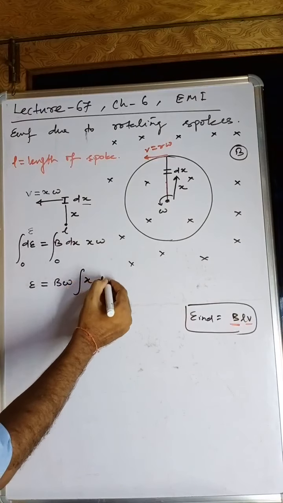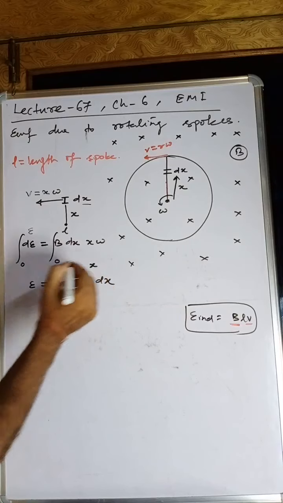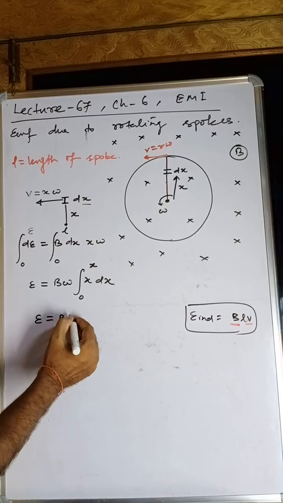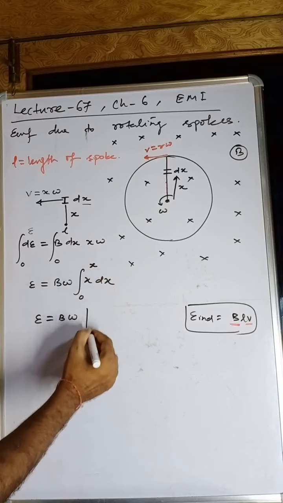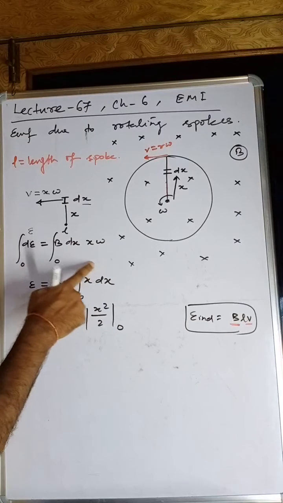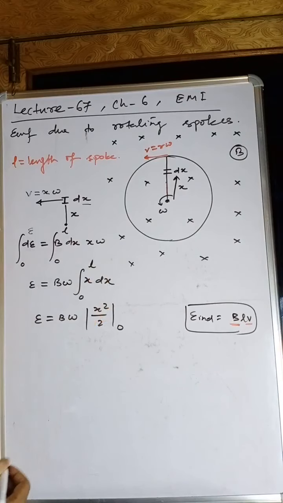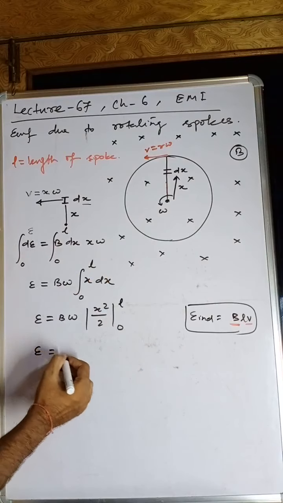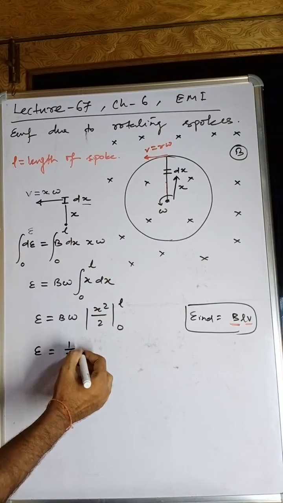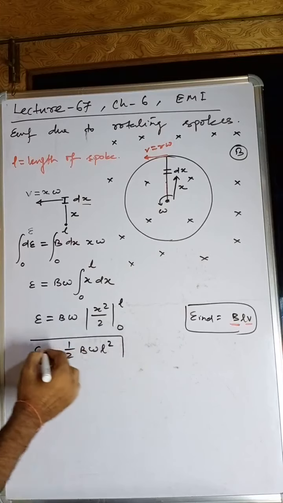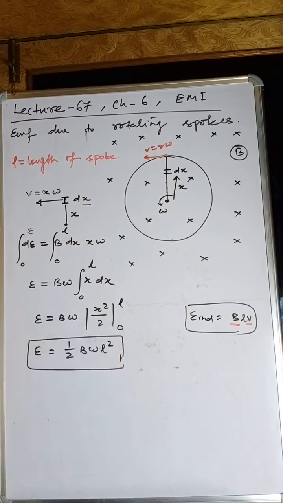Now x dx from 0 to L, B omega x dx will be x square by 2 from 0 to L, so E equals 1 by 2 B omega L square. This will be the induced EMF.